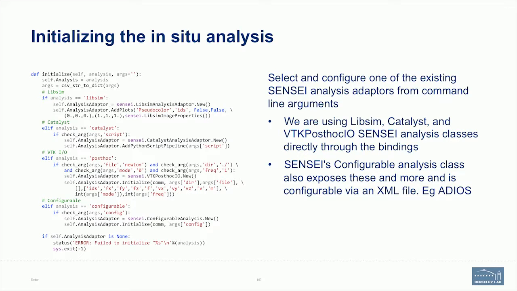So here, we're doing a libsim analysis. If it's Catalyst, we're doing a Catalyst. If it's post hoc, we're using VTK.io. This will let us dump VTK files for visualization or configuration of the Catalyst Python scripts. Or I can use the SENSEI configurable analysis. This one is the one that takes the XML file.